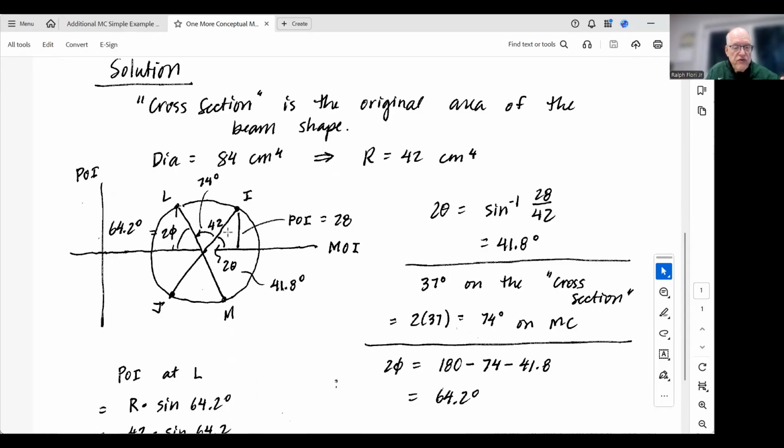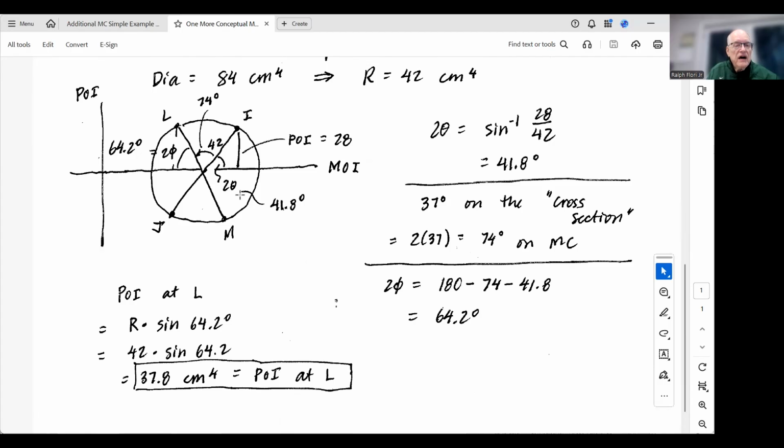And so if this is 41.8, and this is 74, so 41.8 plus 74 is 115.8, and then 180 minus 115.8 is 64.2 degrees. So this angle here is 64.2 degrees.